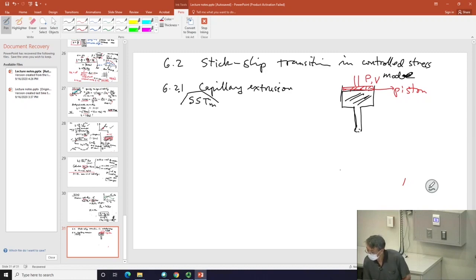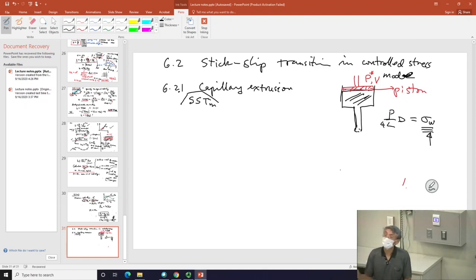We will discuss pushing it with constant pressure because, in the limit of having a constant pressure, we are going to be able to claim that we are applying a constant wall stress.